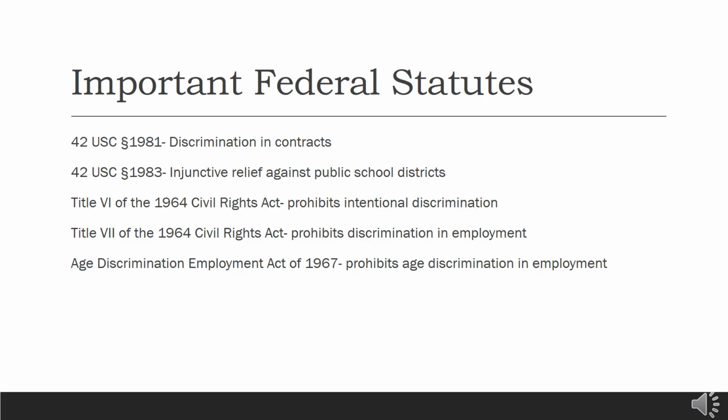Also, schools and education must follow both Title VI and VII of the Civil Rights Act, prohibiting intentional discrimination and discrimination in employment, and also the Age Discrimination in Employment Act, which prohibits discrimination in employment.